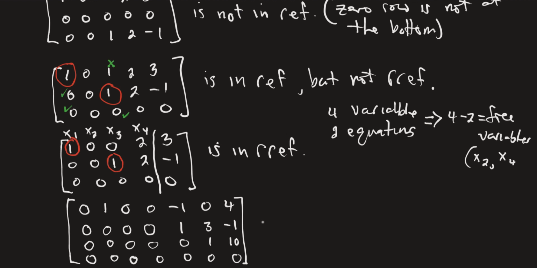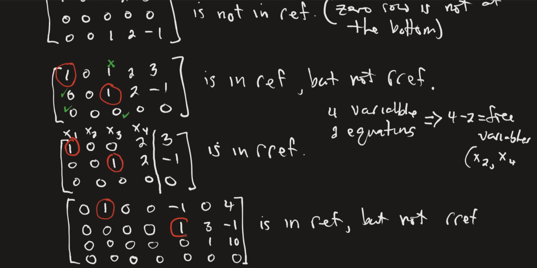And why is that the case? So let me write that down. So this one is in REF, but not RREF. Oh, I have too many R's there. Okay, so let's go through the requirements. I'm going to highlight the pivots. So here's our first non-zero entry in the first row.